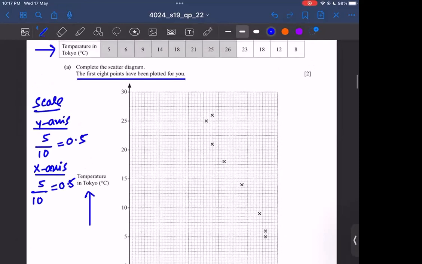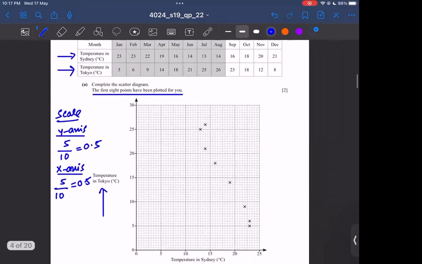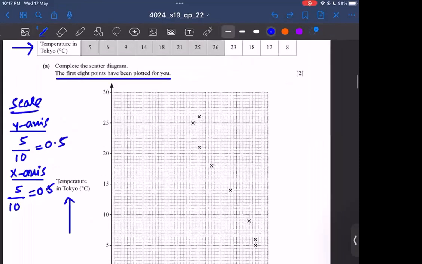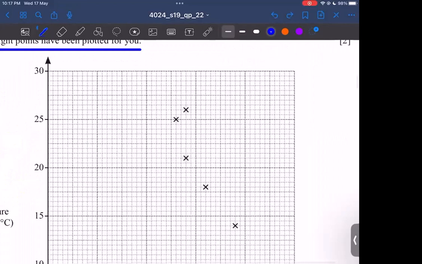So let's plot the first, 16, 23. 16, 23 is going to be plotted at 15, 15.5, then 16. So 16, 23 is going to be over here. We have to make a cross here, not a circle, not a dot.